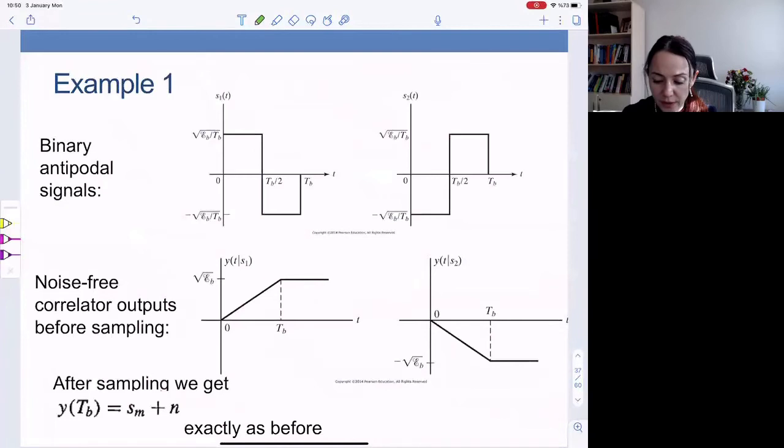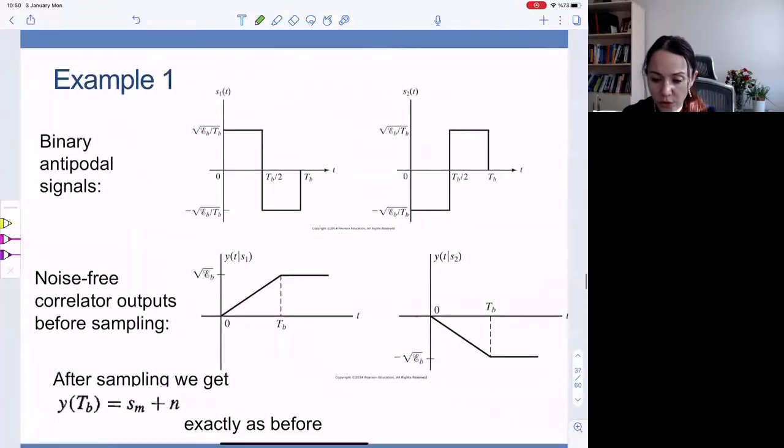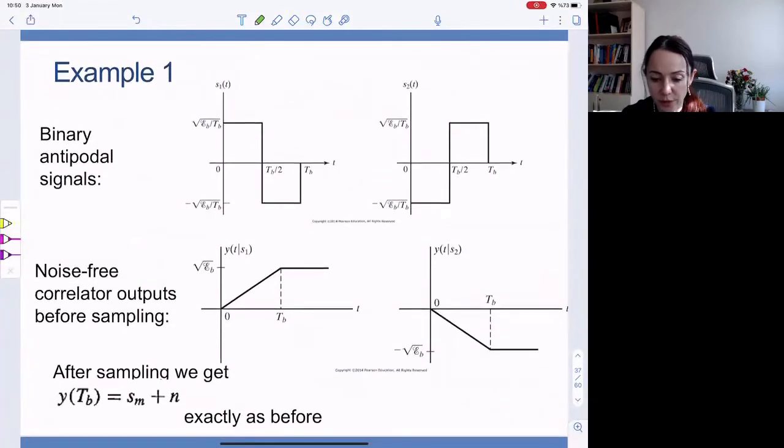All right. Before we go on to analyze the probability of error, let's see the operation of this correlator followed by sampling on two examples. So consider these two signals. Notice that S2 is negative S1, so this is binary antipodal signaling.